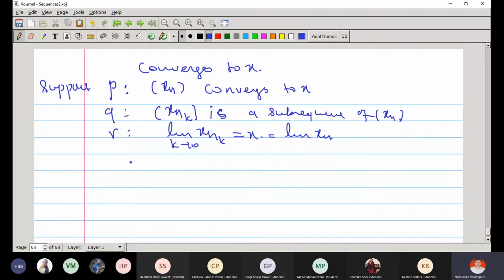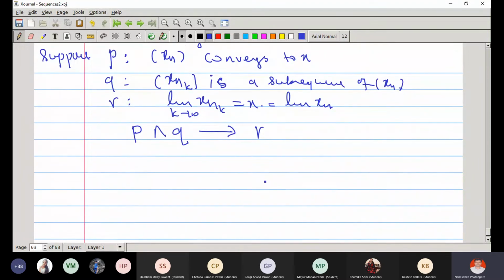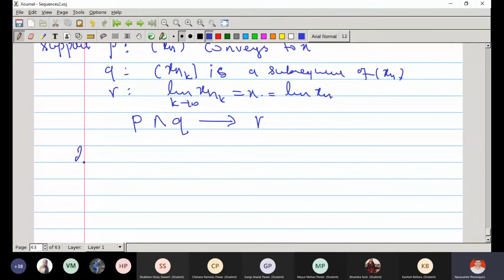Then what does the previous theorem say? P and Q, that means xn converges to x and x_nk is a subsequence of xn. What does this imply? R, that means x_nk converges to x. Logically, this is our statement, and therefore what is the contrapositive to this?